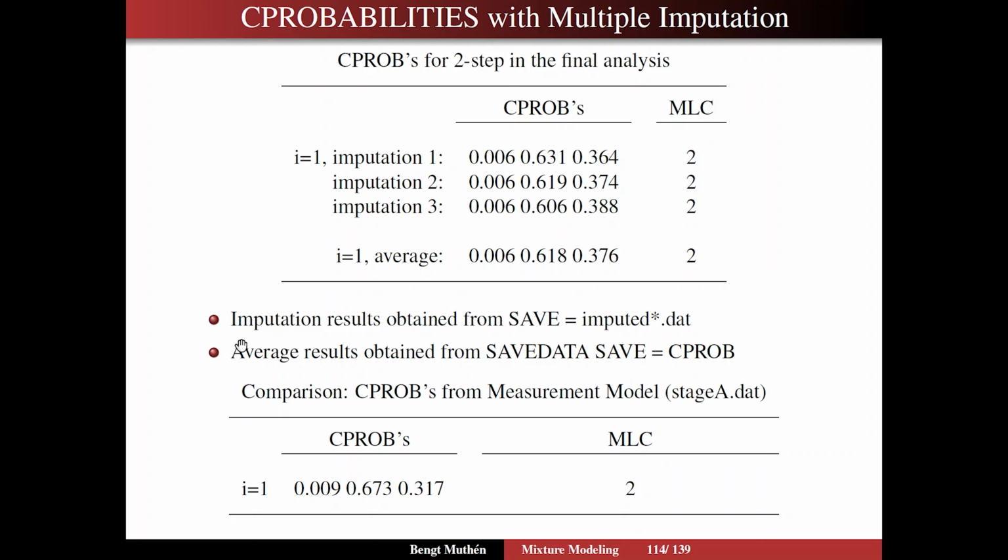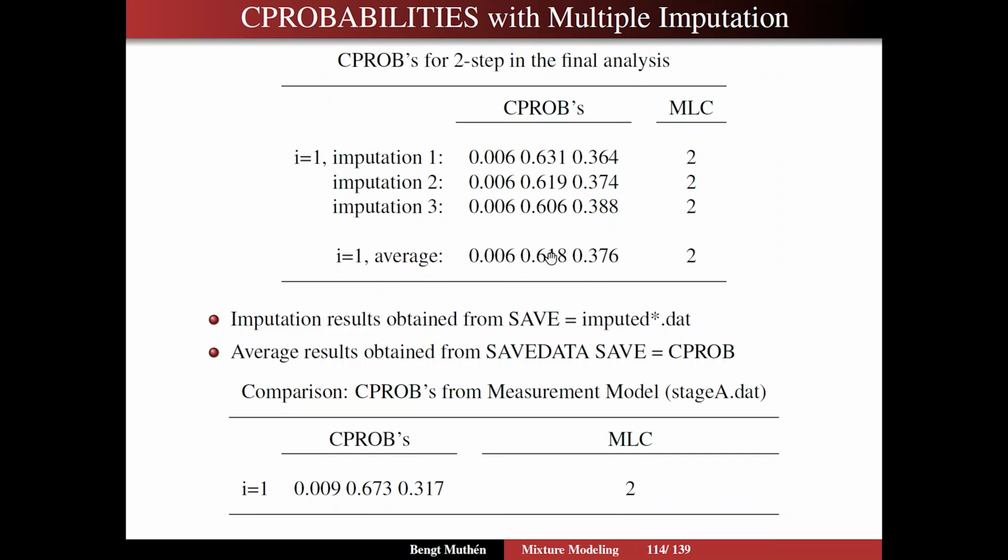And the average is obtained from the save data, save equals CPROB statement that we had. That gives you the average. So the average would probably be what you would want to use for that individual, although you can study the random variation here, see how well defined those are, what the statistical variation is in those C probabilities.